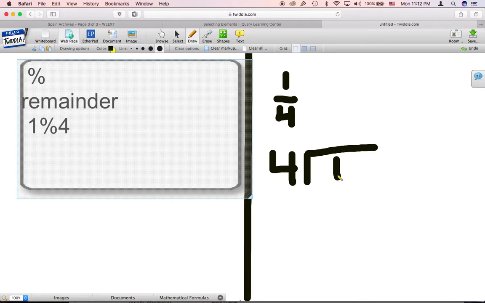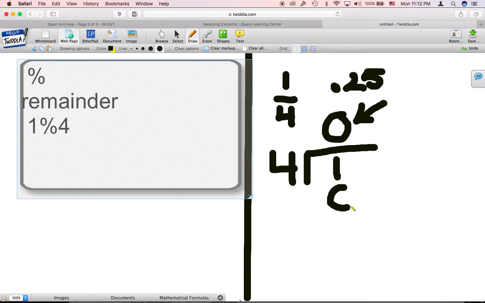So, 4 goes into 1 how many times? 0. We know that 1/4 is 0.25, but we don't really care about anything after the decimal, okay? All we care about is the 0. So that's all we're going to put here. 4 times 0 is 0, as we all know.